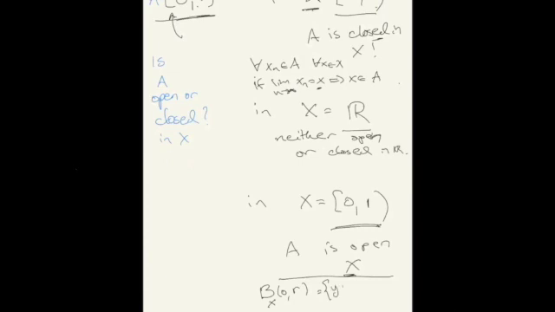So we're looking at y in the interval 0, 1, such that the distance from y to 0 is at most r. But we're only interested in those that are in the space X, and therefore this is a subset of A, because A is equal to X by definition.